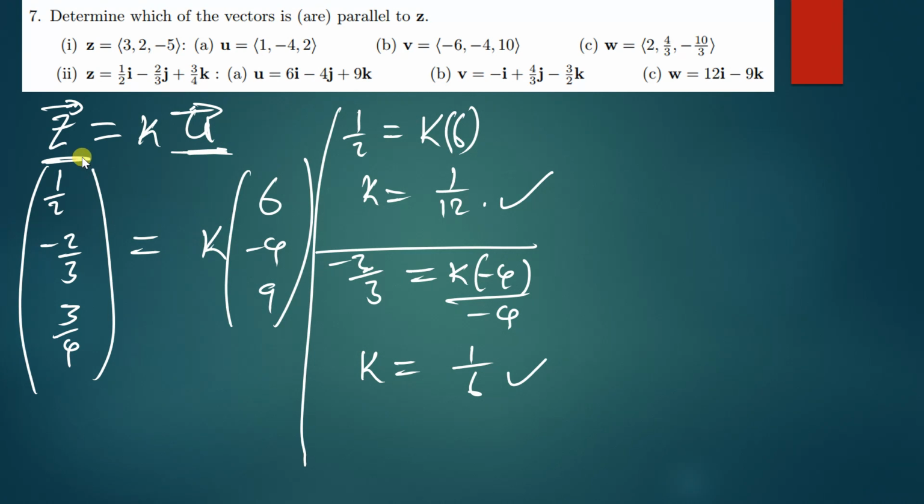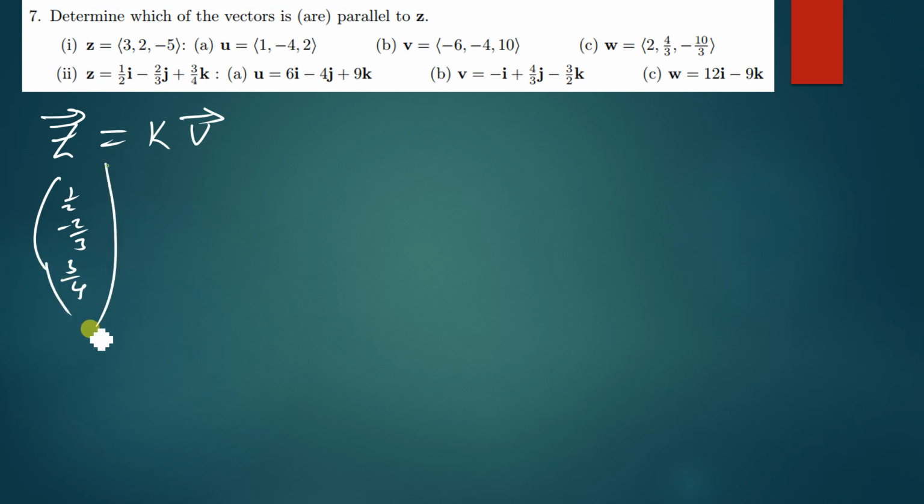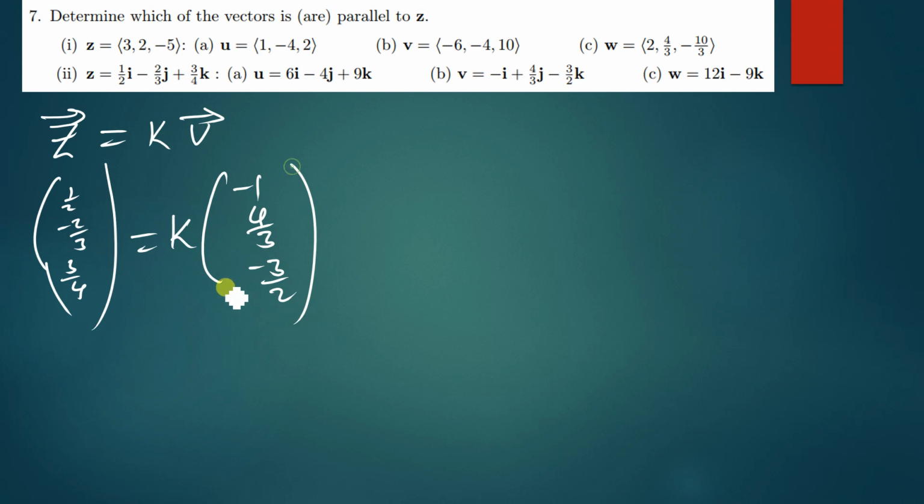All right, we move on to the second part of the question. We do the same thing. In this case, we're comparing it to v, trying to check if z is parallel to v. We put in z: 1 over 2, negative 2 over 3, 3 over 4, equal to k times negative 1, 4 over 3, negative 3 over 2.